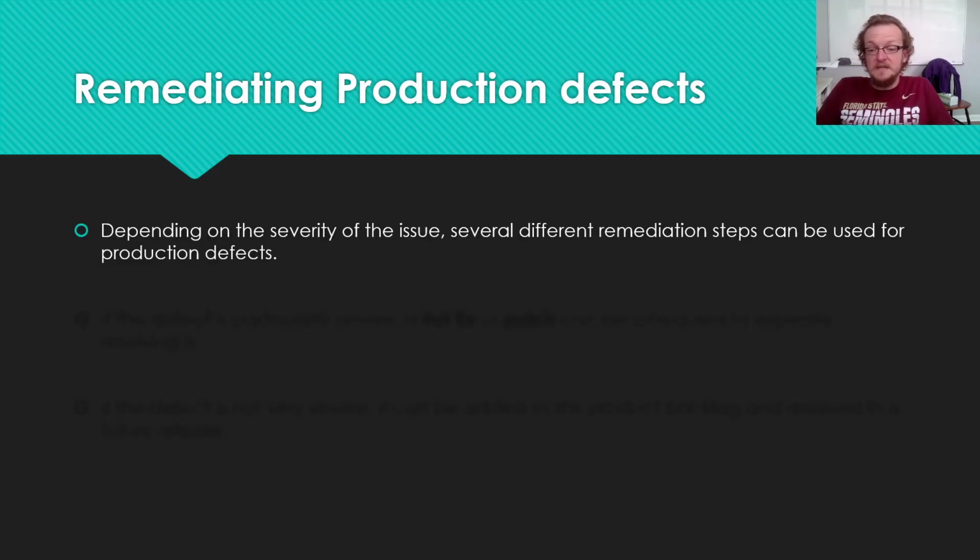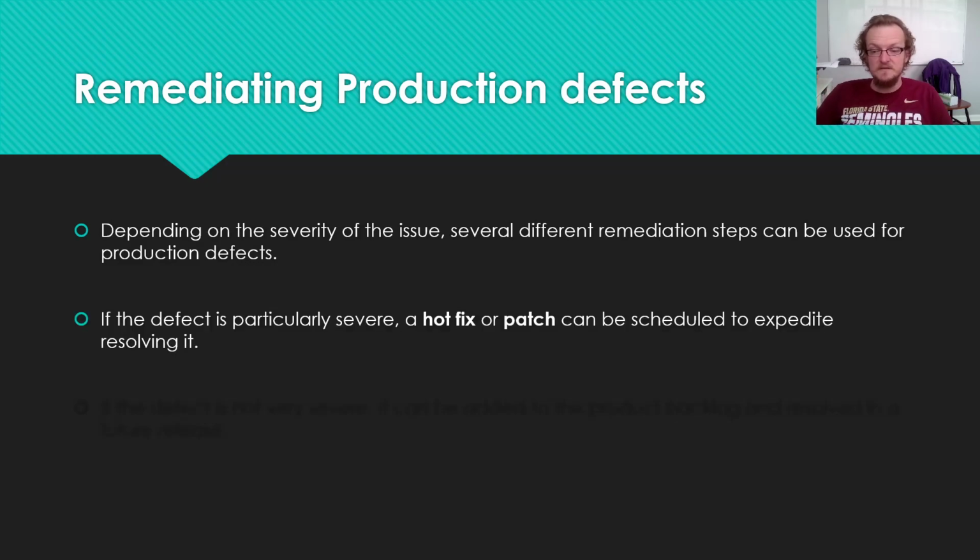So depending on how severe these issues are, you can choose one of a multitude of different ways of fixing it. If the defect itself is really, really problematic, you can release a fix to a specific file. So if you're using something like Java, you could fix the jar file and then send the updated jar. If you're working in .NET, you could fix the DLL and then update the DLL.